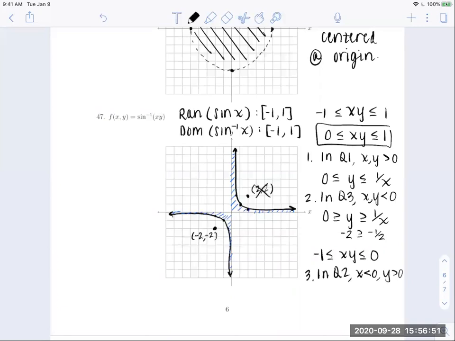So when I'm dividing through by x, I need to switch my inequalities. So I get -1/x is greater than or equal to y is greater than or equal to 0. So let me plot this function in the second quadrant.